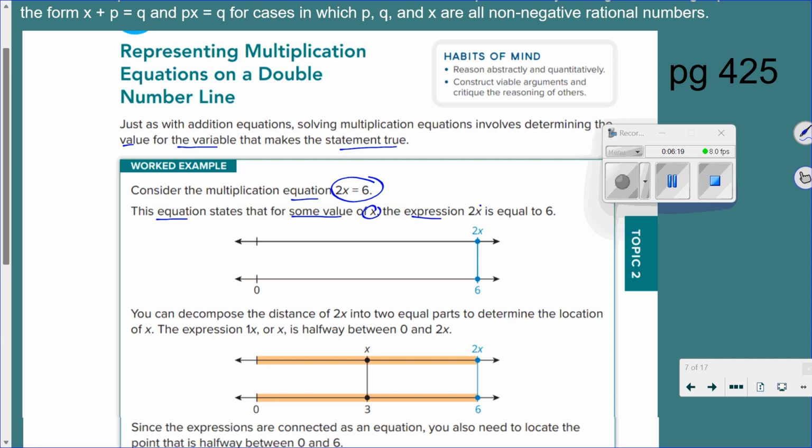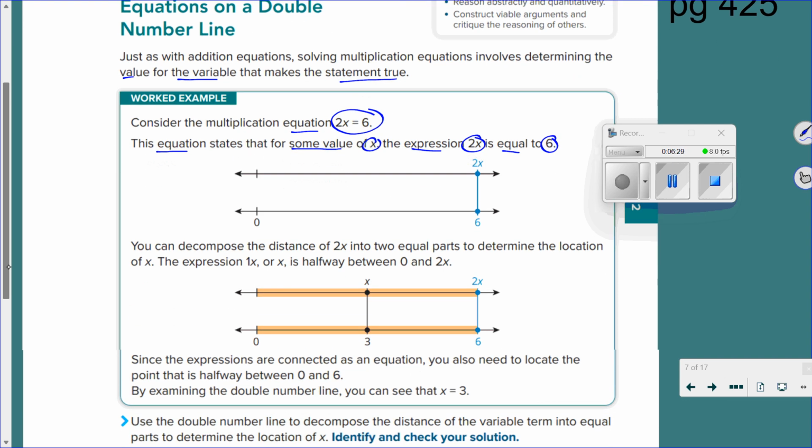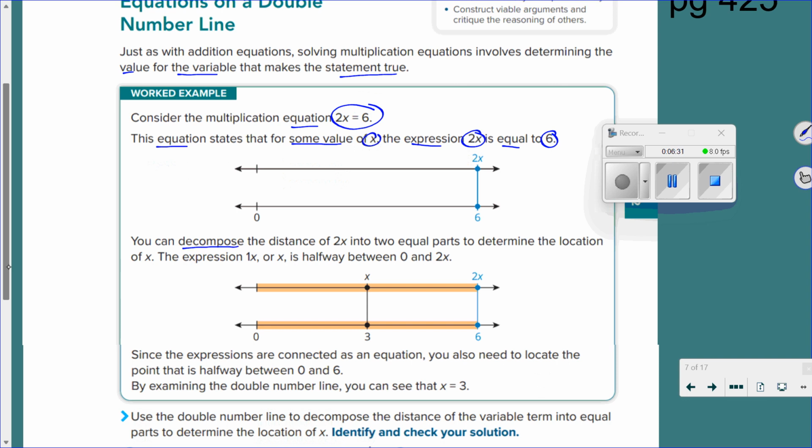So if I use my double number line, what we know is we have 0, and at 2x it equals 6. You can decompose the distance of 2x into 2 equal parts to determine the location of x. The expression 1x for x is halfway between 0 and 2x. Why are we dividing it by 2?